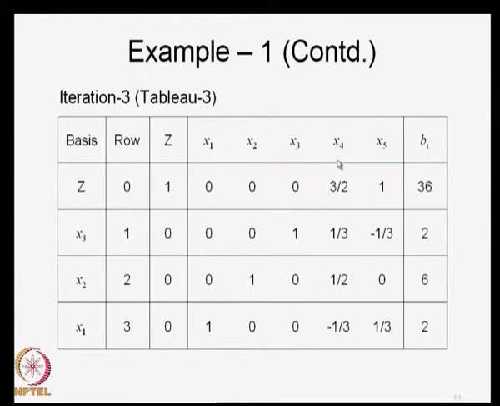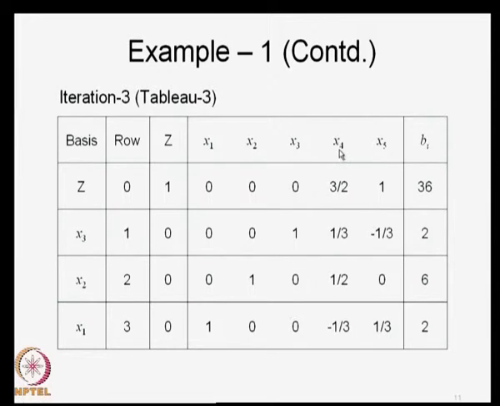However, if in a problem the currently non-basic variables, in this particular case x4 or x5, has a coefficient of 0 in the final tableau when your optimality criterion is met, that means one or more of the non-basic variables has a value of 0. What does that mean?